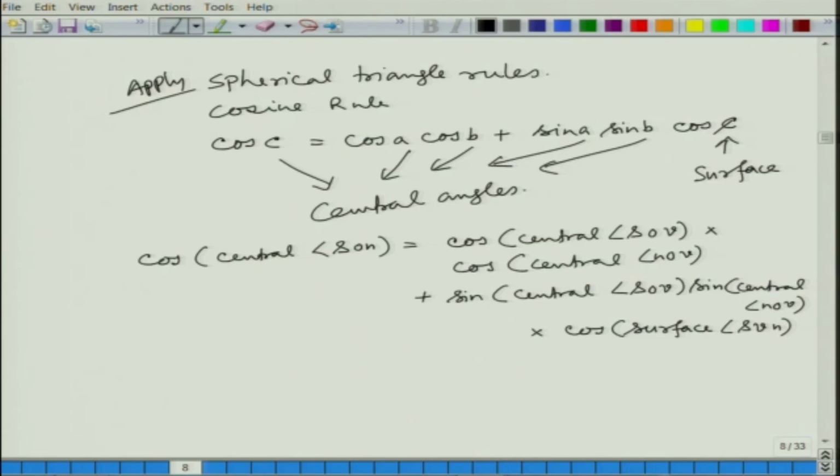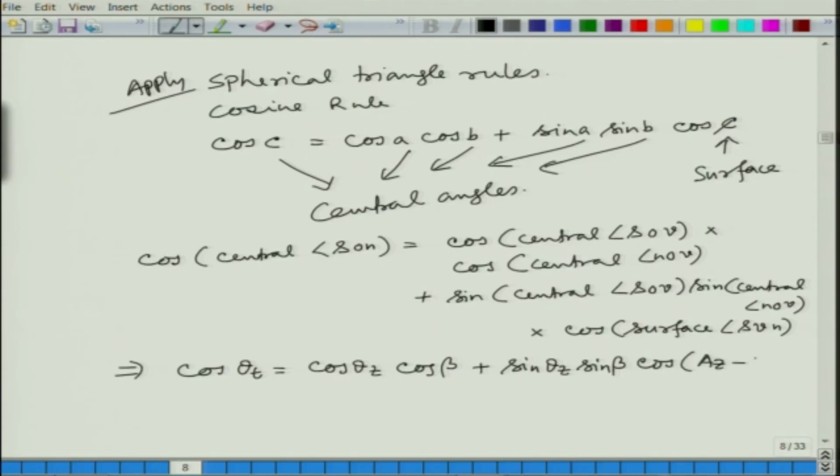Now, we will just substitute what those angles are. Okay. So, if we substitute, then we get cos theta t will be equal to cos theta z cos beta plus sin theta z sin beta and cos of this difference between solar and surface azimuth angle.